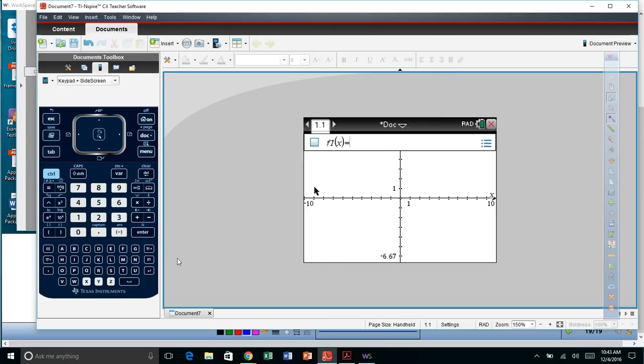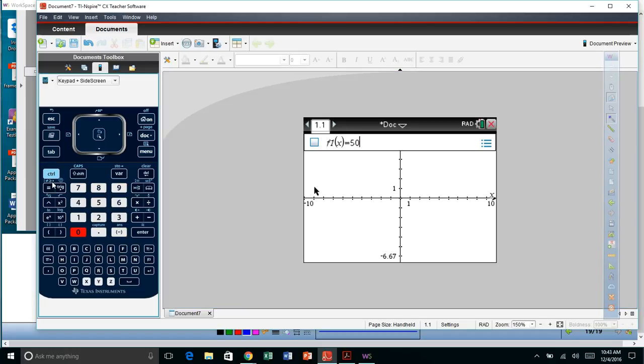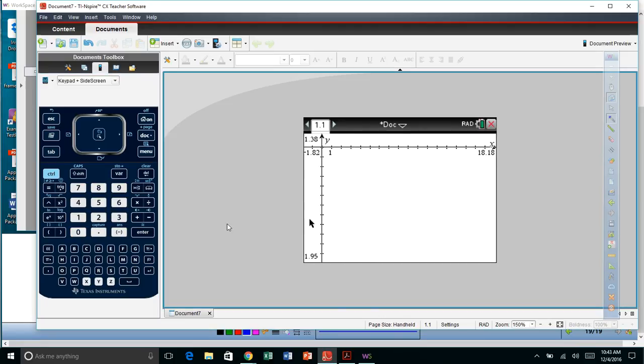The one we found by hand was 50 times the natural log of x divided by 1,000. Let's press enter. We can't see it. It's probably way down here somewhere.